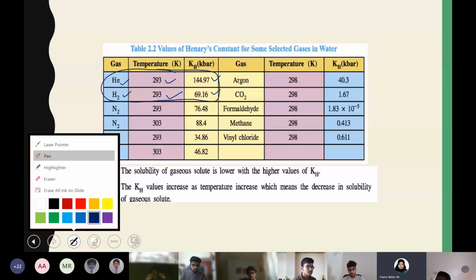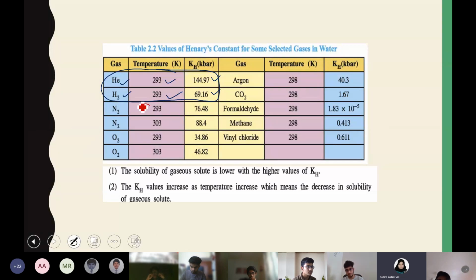But when you look at the third and fourth rows for nitrogen, it was the same gas, nitrogen, but the temperature was 293 and 303. Still the KH value was changing. That means it not only depends on the nature of the gas, but it also depends on the temperature. So it will be a value fixed for a certain gas at constant temperature.